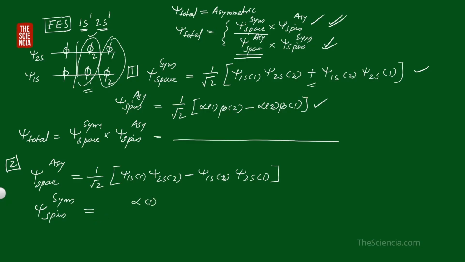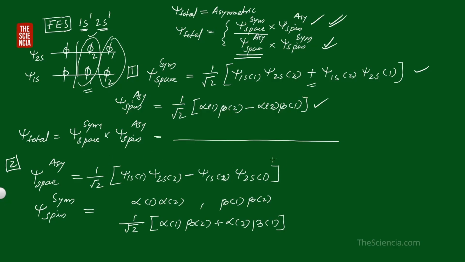One is alpha 1, alpha 2, another is beta 1, beta 2, and the other one is 1 by root 2, alpha 1 beta 2 plus alpha 2 beta 1. This is the triplet state, right? Symmetric spin part of two fermions is the triplet state.